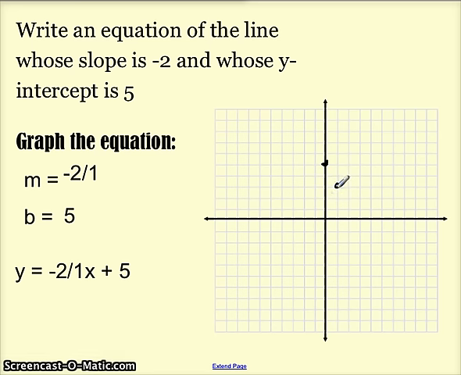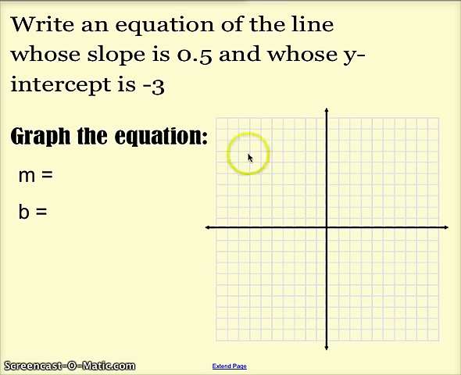And now I can continue from this point, down 2 over 1. Remember, it's a constant change, so down 2 over 1. And then you can connect your line, and there you have your graph.